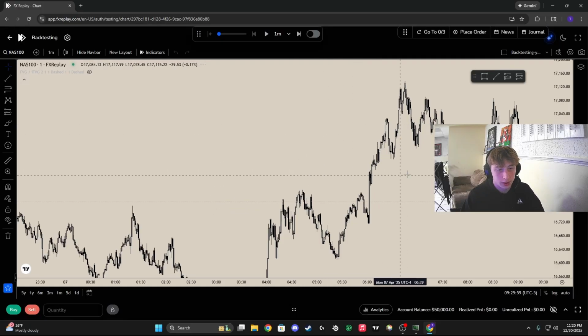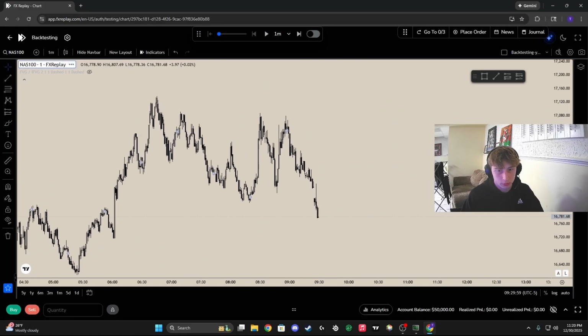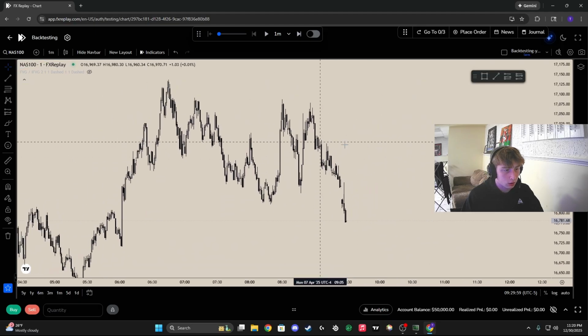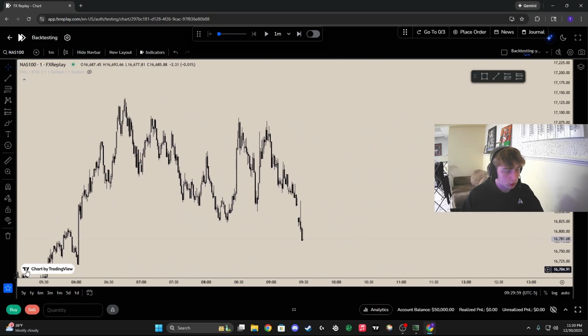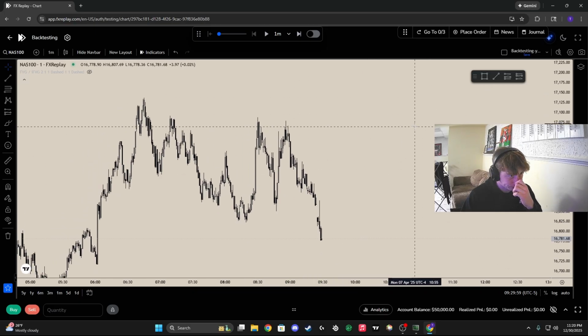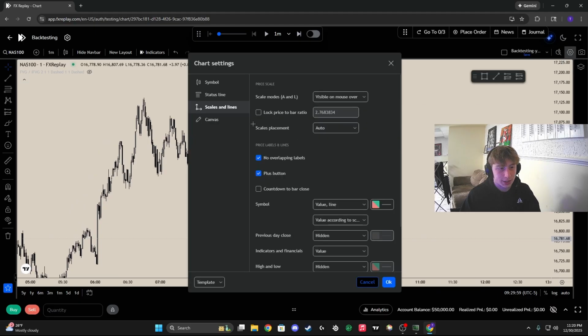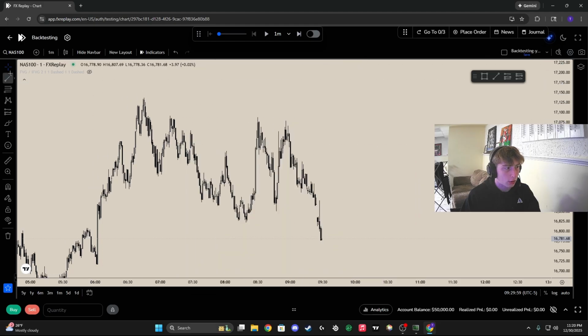And then you're going to see, this is pretty much how my chart layout is on TradingView, because it uses TradingView. If this is your first time, it's going to be different. All you really have to do is, in TradingView, go to your chart settings in the top right, and just go through all that, make sure your chart settings are good.